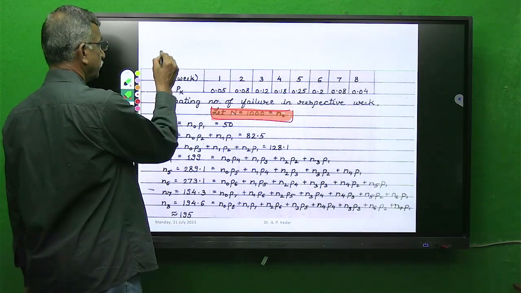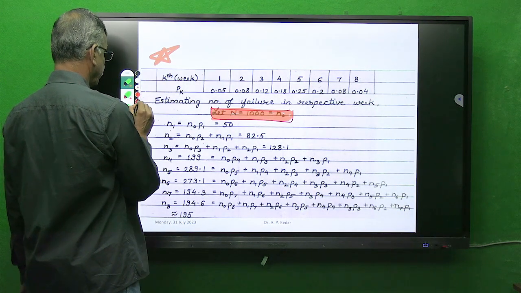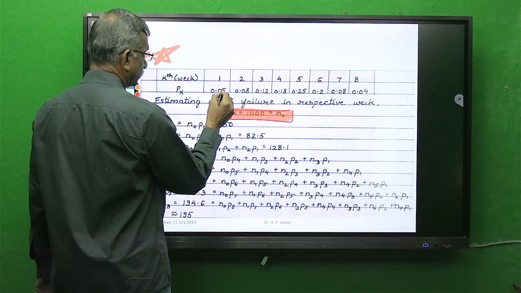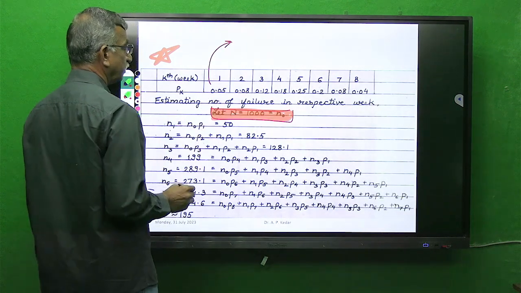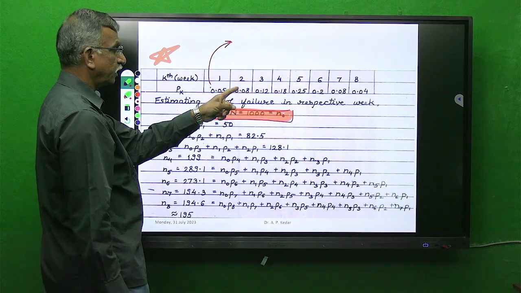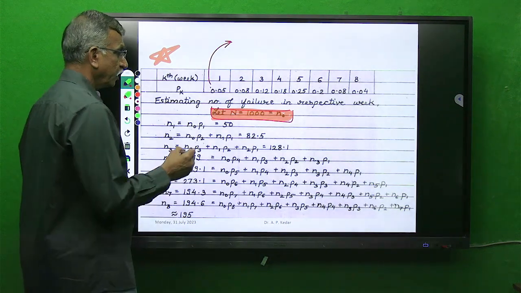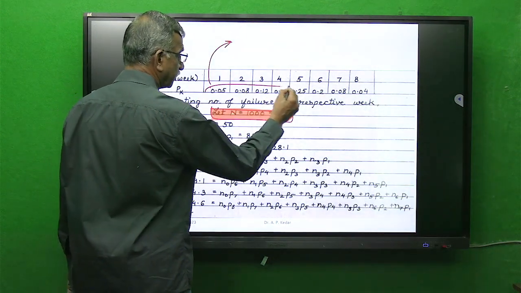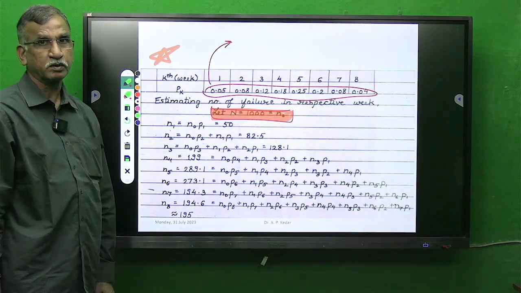And here, this is a very important step. How have we calculated this? This is the second month value minus the first month value. This is the third month value minus the second month value. Like that we have subtracted, and if you add all these probabilities, students, you will find their total sum is 1.